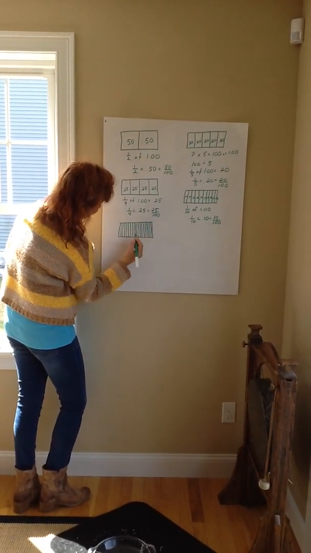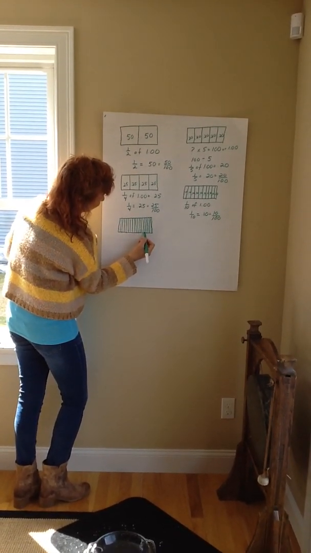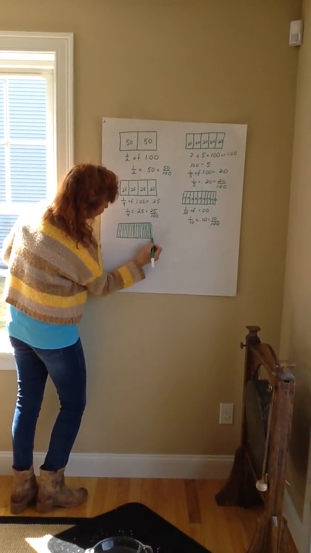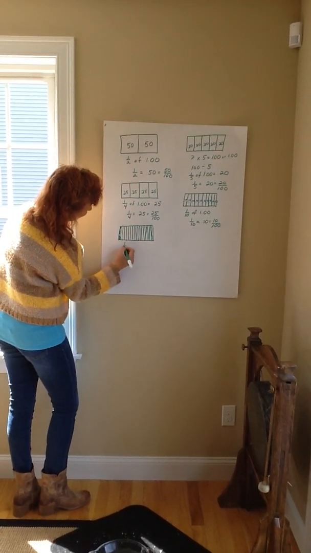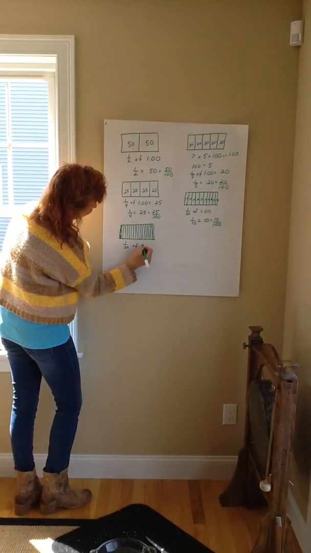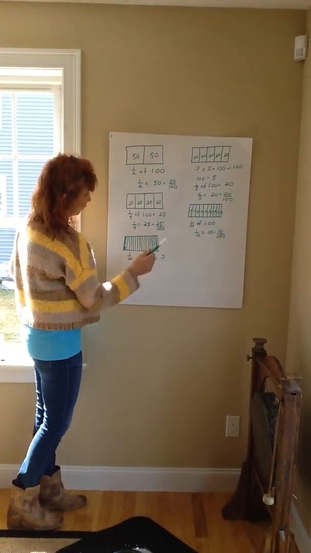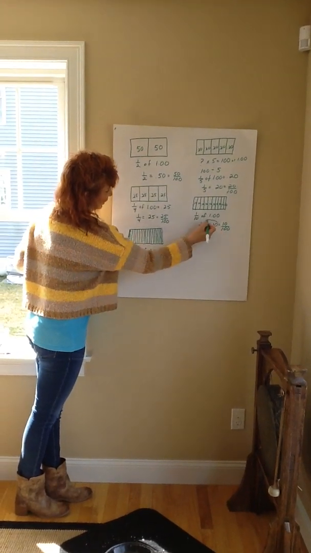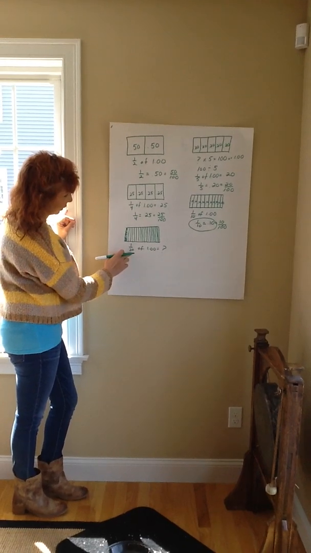I don't know here if I even made it. 1, 2, 3, 4, 5, 6, 7, 8, 12, 13, 14, 15, 16, 17, 18, 19. We'll have to sneak one on the end there. Okay, so pretend those are 20 equal pieces. And we're trying to figure out 1/20th of the dollar. I don't know if we talked about that one. But looking at what you know about a tenth, if a tenth is 10 cents, 1/20th is going to be, what do you think?